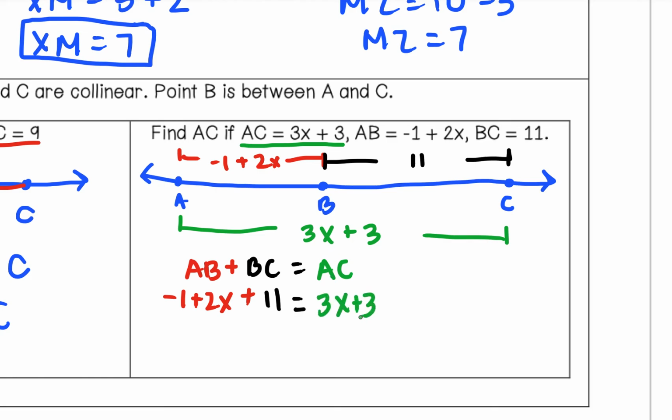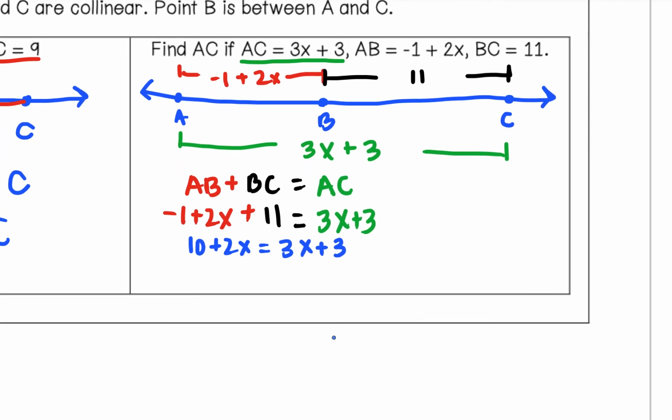I'm color coding this to help you see which sections I'm adding from those lines. I'm going to then go ahead and solve this. So I'm going to combine like terms, and I get 10 plus 2x over here equals 3x plus 3. To solve that, I need to get all my variables on one side, so I'm going to subtract 2x from each side, and then I'm going to subtract 3 from each side, so I get 7 equals x.